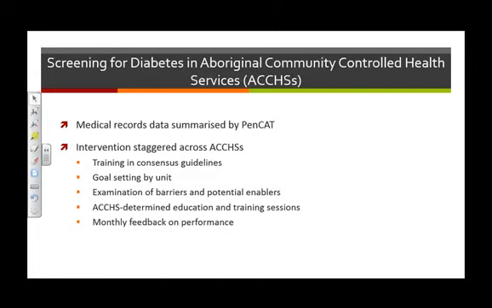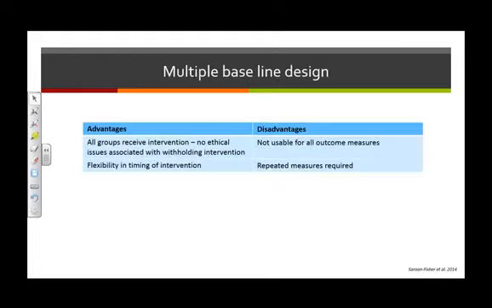Then you get baseline data, you put in your intervention, and you do it at a staggered time for intervention 2. So two hospitals. But the good thing about it is you're getting continuous measures. If you get continuous measures, if the first intervention doesn't work, put in the second intervention. If that doesn't work, put in the third intervention. You keep on going till you get a treatment effect.